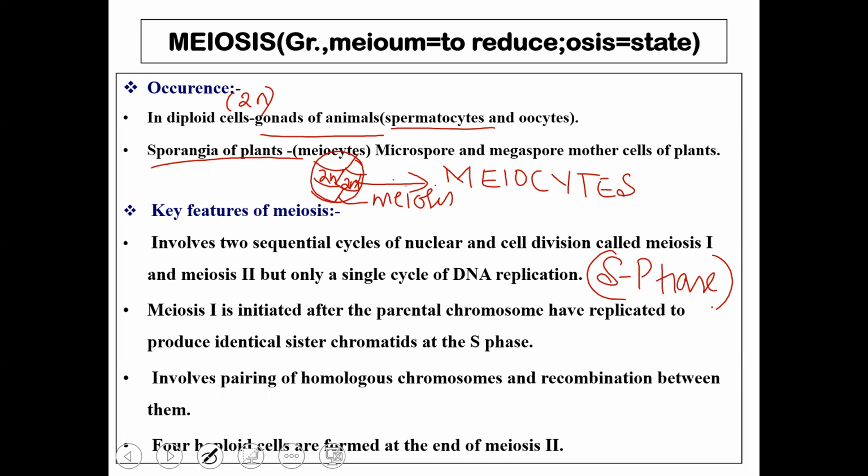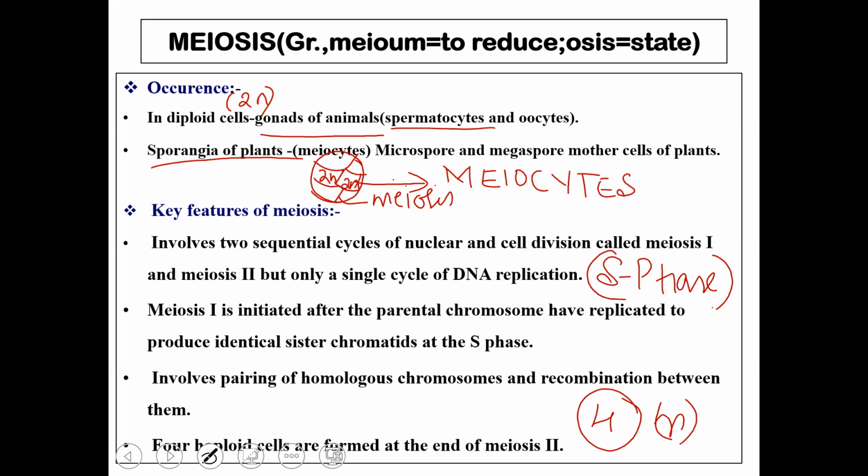Meiosis 1 is initiated after the parental chromosomes have replicated and produced identical sister chromatids at S phase, involving a pair of homologous chromosomes and recombination between them. Ultimately, at the end of meiosis 2, four daughter cells are produced, which are all haploid in nature. So these are the key features of meiosis.